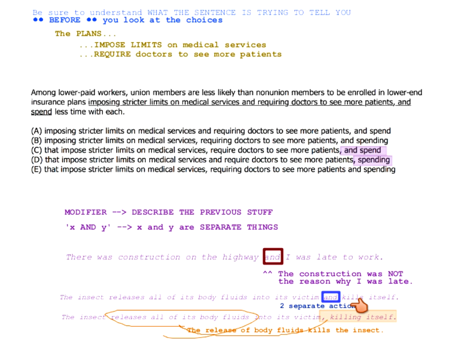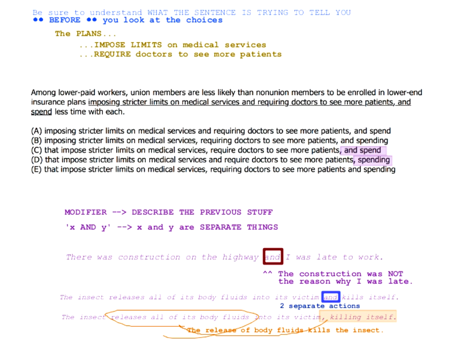So the point is, if doctors have to see more patients, then it's not "and spend less time." Those are not separate things. This is actually the reason why they have to spend less time with each one. If you see more of them, you are by definition going to spend less time with each one.